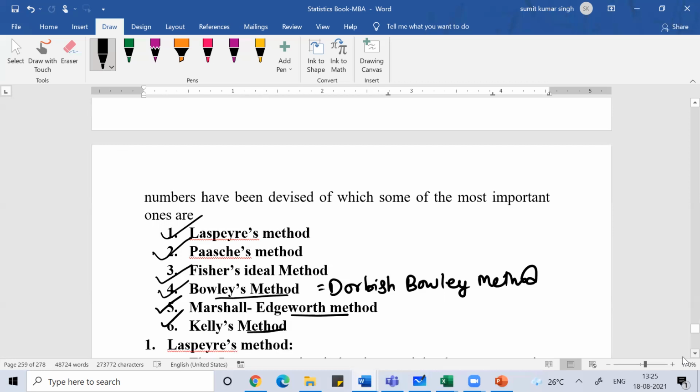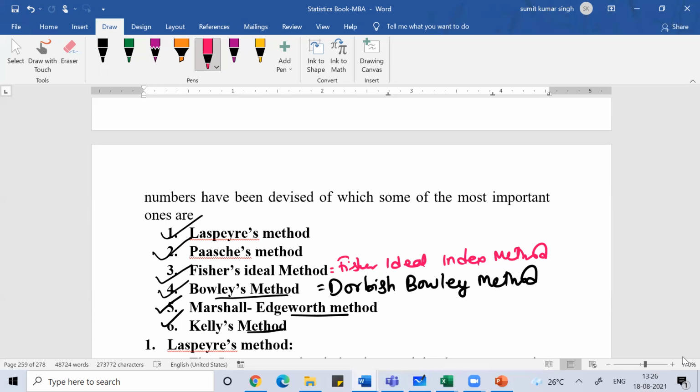That's why in many textbooks it is written as Fisher ideal index method. Fisher ideal index method is one of the methods which follows both the time reversal test and the factor reversal test.